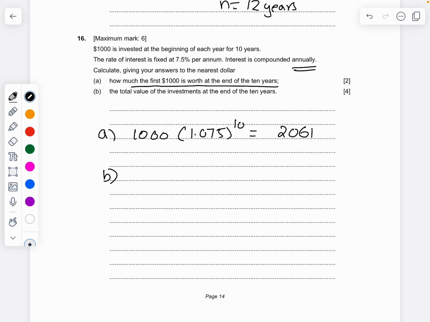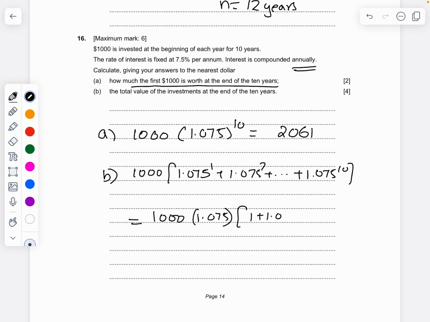So it's going to be 1000 times 1.075 to the power of 1 plus 1.075 to the power of 2, and so on up to 1.075 to the power of 10. I can take 1.075 common, so it becomes 1000 times 1.075 times 1 plus 1.075 plus and so on up to 1.075 to the power of 9.